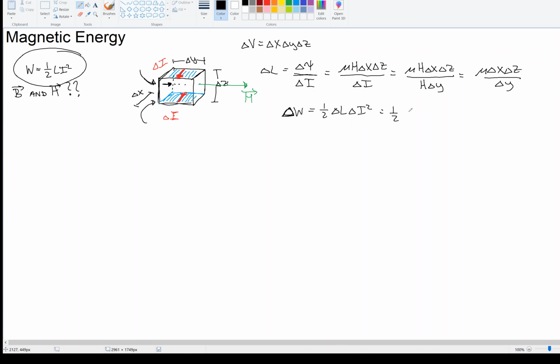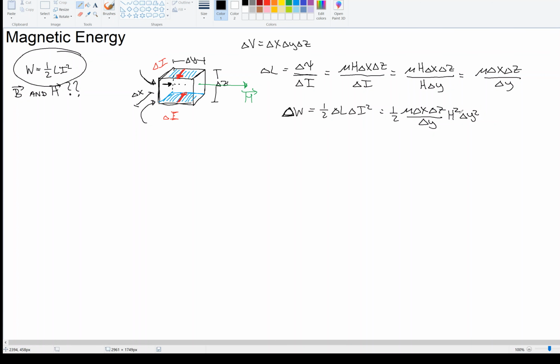So this is 1/2 mu delta x delta z over delta y, then H squared delta y squared. Remember, for the same reason, delta I is H times delta y.